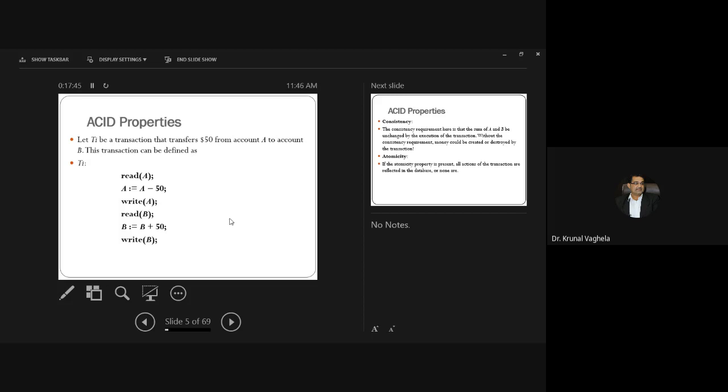After read, you are deducting $50, okay? You can perform any operation after write. Generally, do the operation after the write operation.